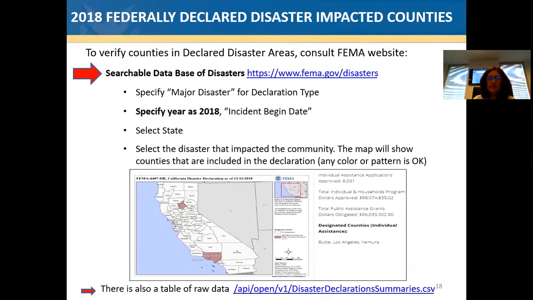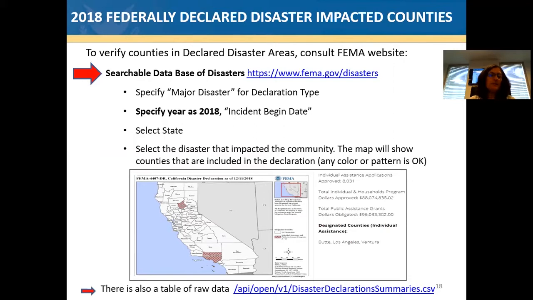Now, as I mentioned before, the FEMA website is really the best source of information. And what I walk you through right here is what it will look like and how you find what you need. So the searchable database is quite simple. It's fema.gov/disasters.